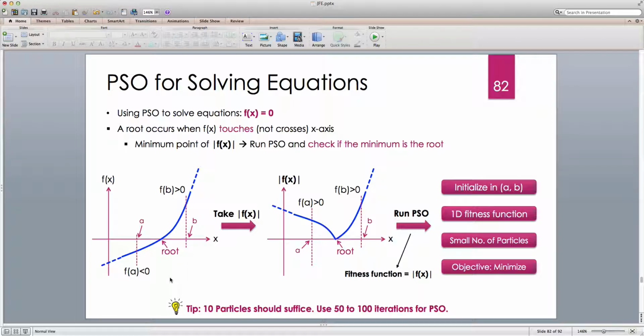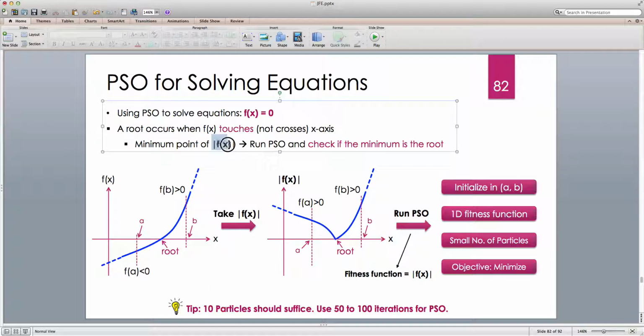If the function has a root, it means that it has to cross the x-axis at some point, right? And then the behavior of the function could be two things. One is that the function is actually crossing the horizontal axis, or the function becomes tangent, all right? Positive tangent or negative tangent, doesn't matter.